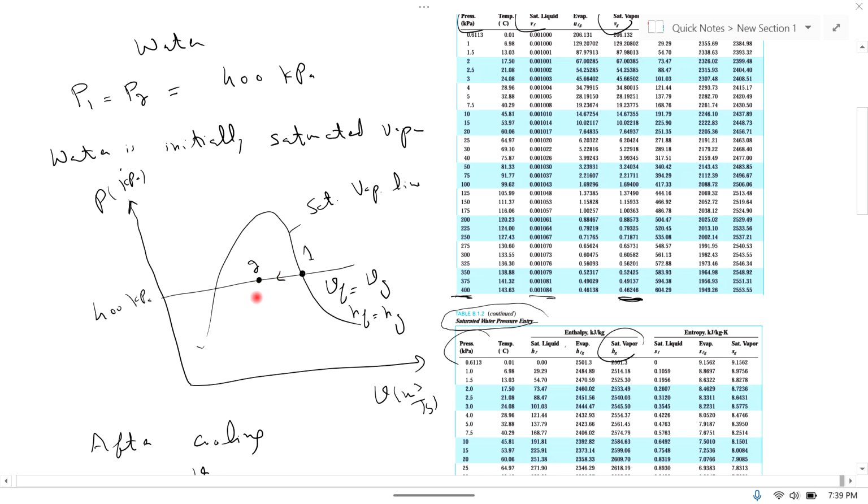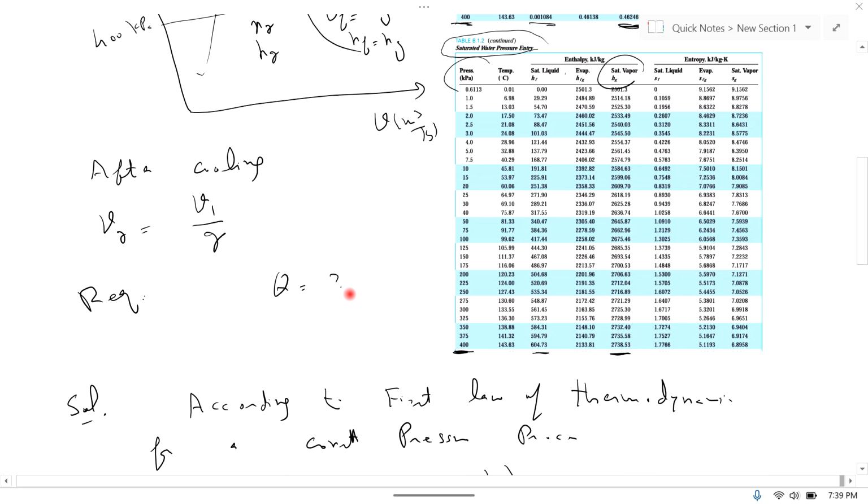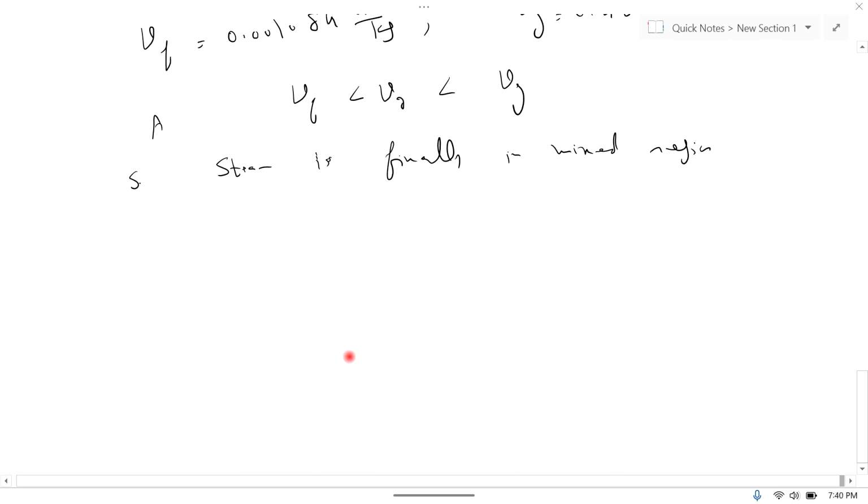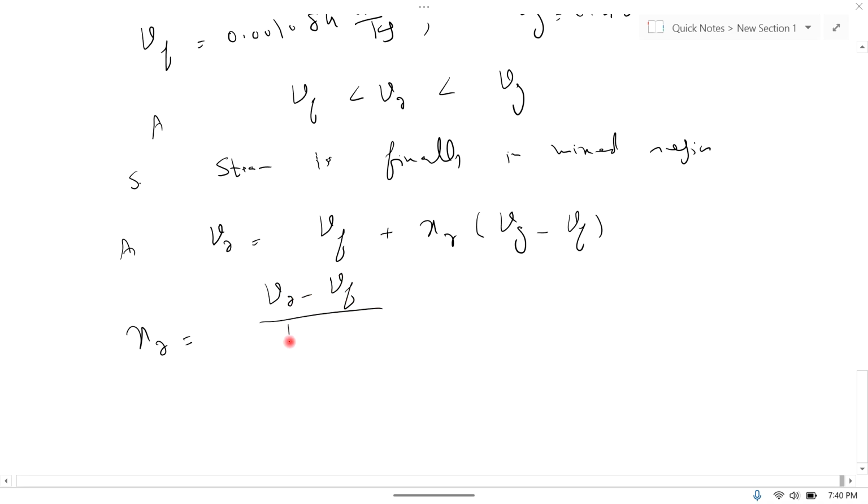For this, first we find X2, and from X2 we will find H2. From Vf and Vg, first we find X2. As V2 is equal to Vf plus X2 into Vg minus Vf, rearrange this equation: X2 is equal to V2 minus Vf divided by Vg minus Vf.